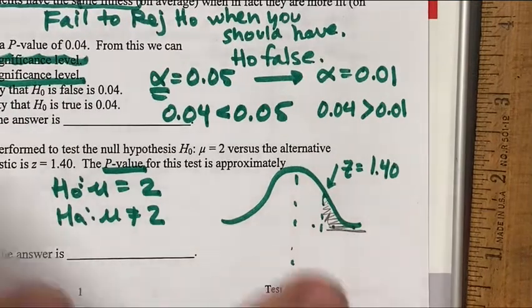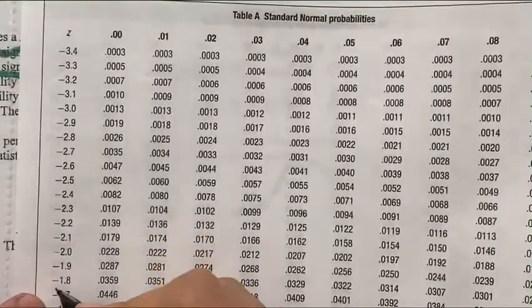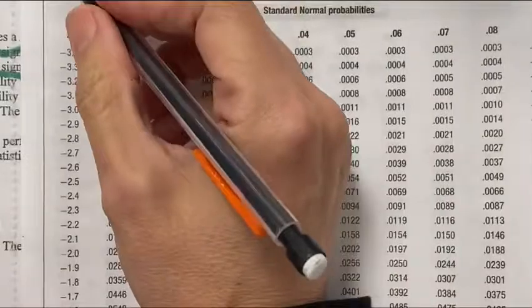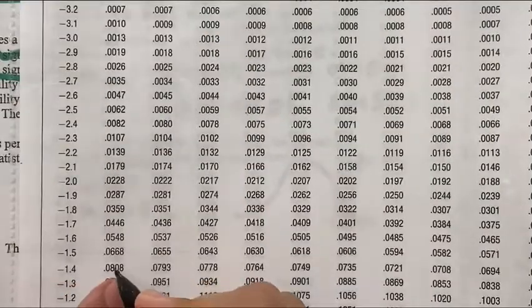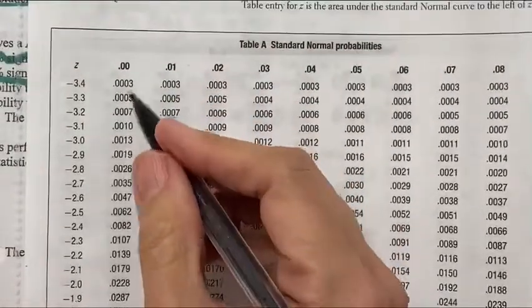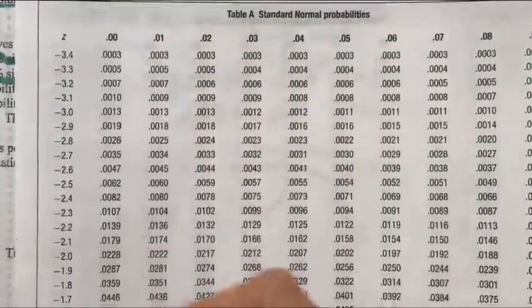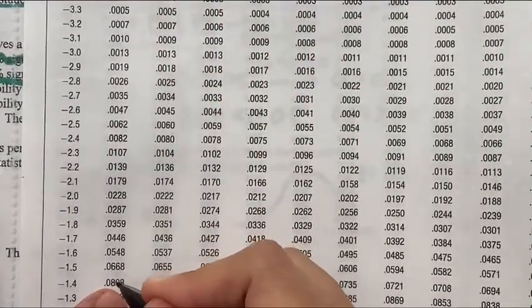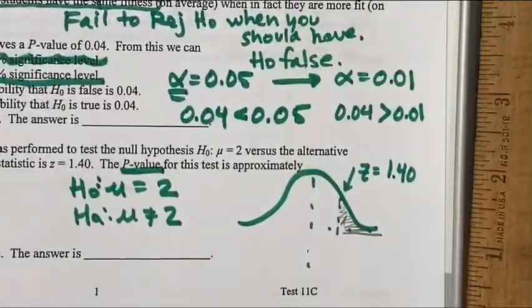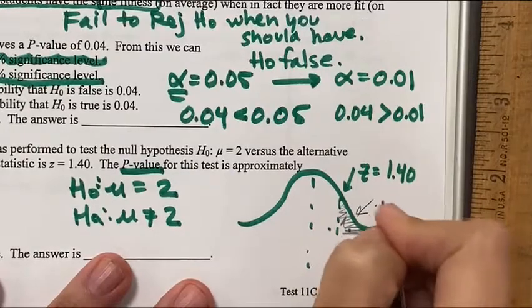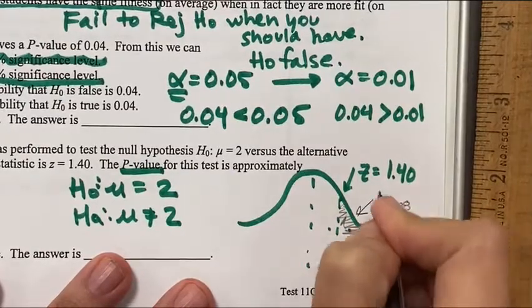So we can look at the number negative 1.4. The area to the left of negative 1.40 is, so I'm looking at this number 0.0808. So the area under this curve is 0.0808. That's my p-value.